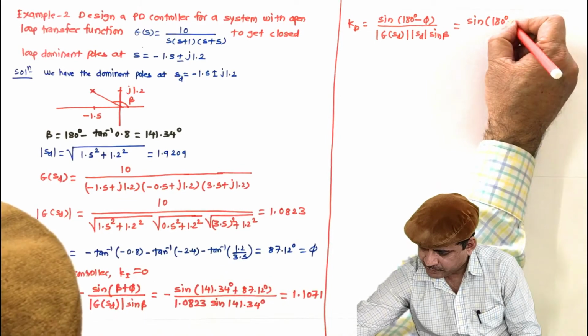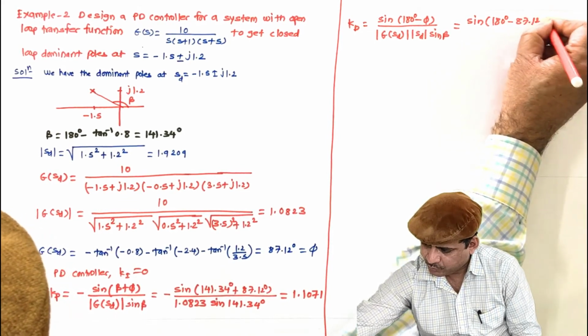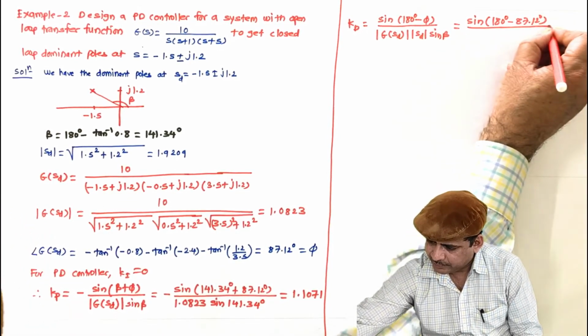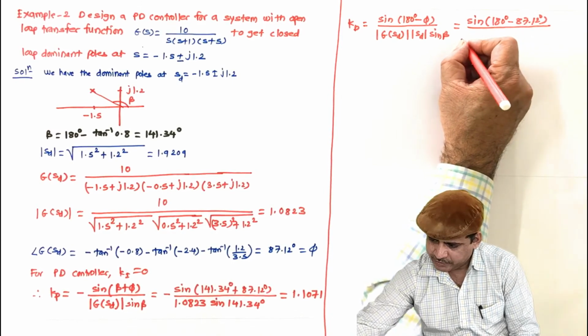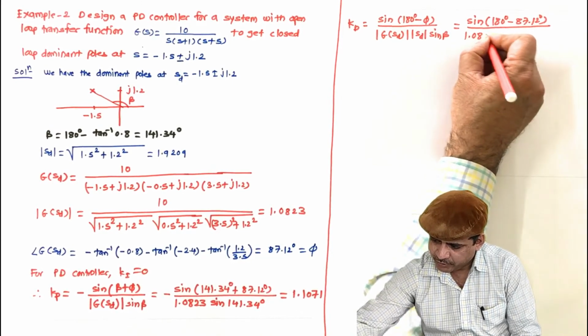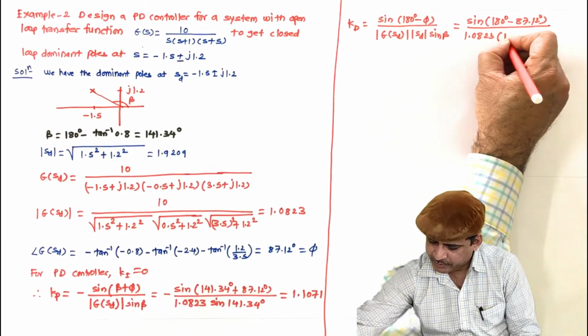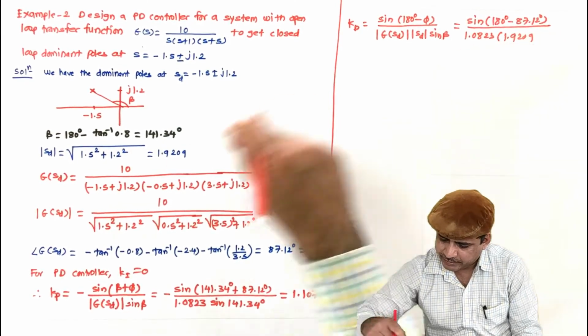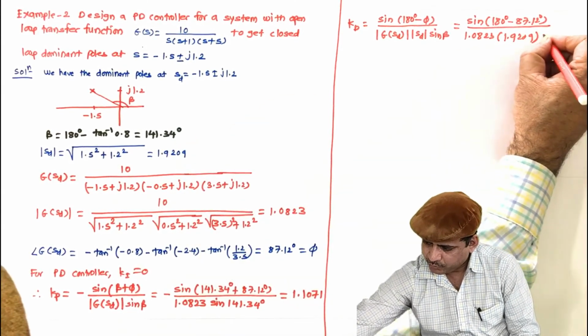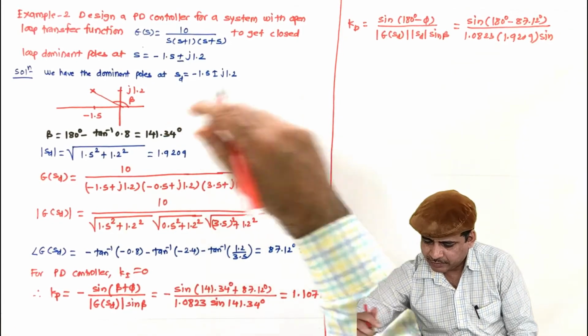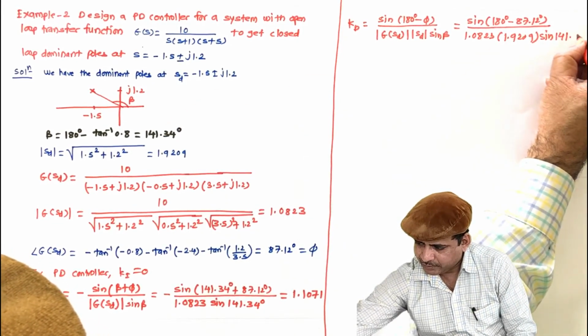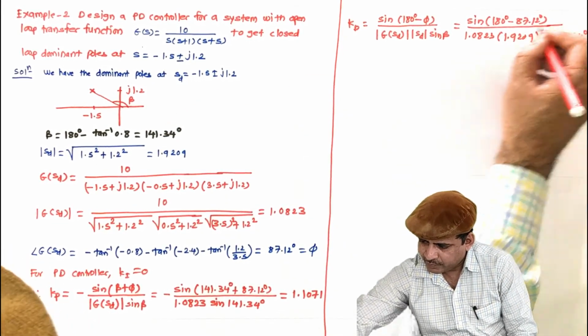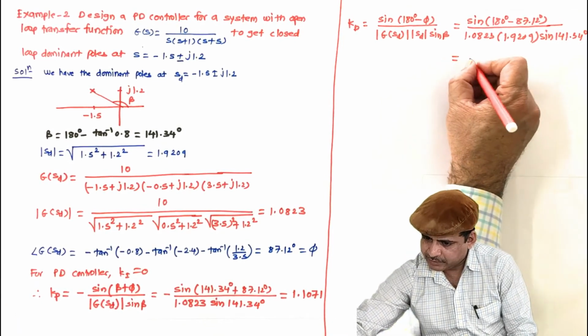Phi is 87.12 degree divided by mod of G Sd is 1.0823, mod of Sd is 1.9209 here into sine of beta 141.34 degree, and it is coming, the answer is 0.7690.